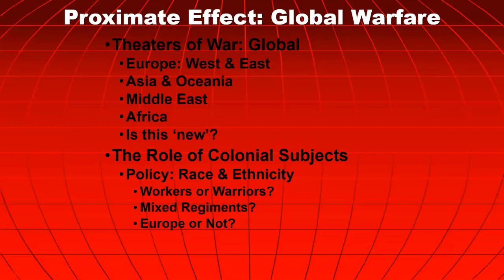That somehow that wasn't cool, even though it's your enemy and you have total warfare, but somehow that didn't seem right to many Europeans because, a person of color, that's just not something that you allow, even if it's the enemy. So we see all sorts of really bizarre policies involving race and ethnicity in terms of the colonial subjects.